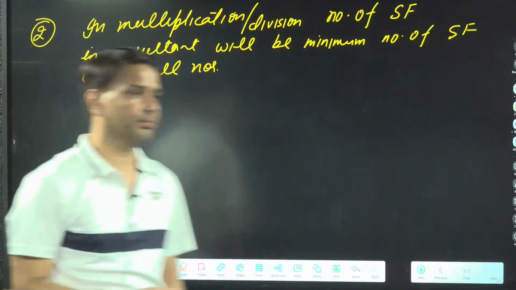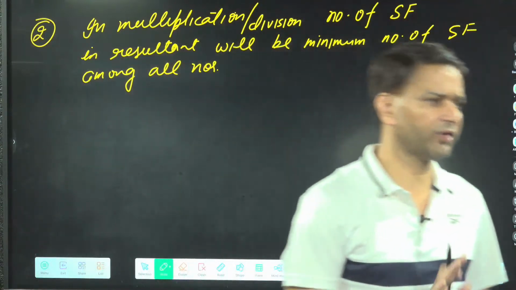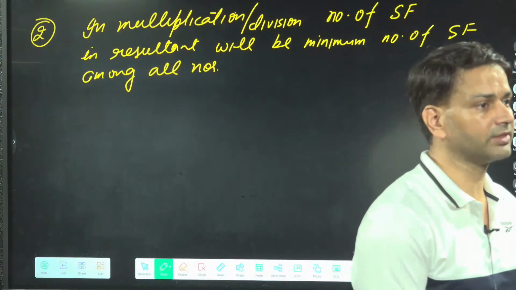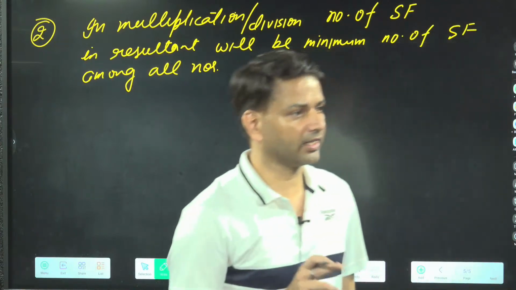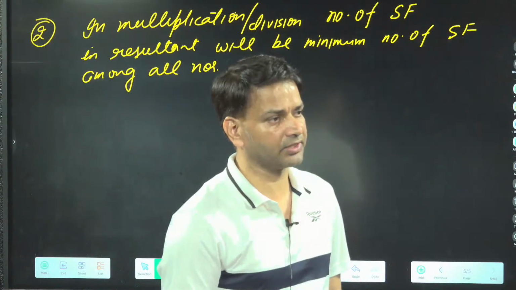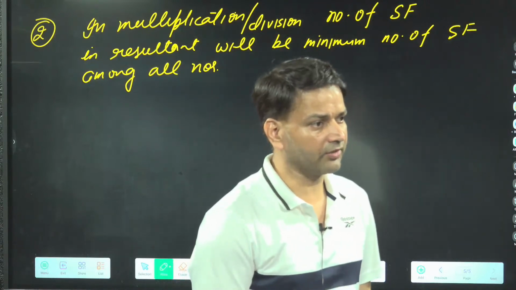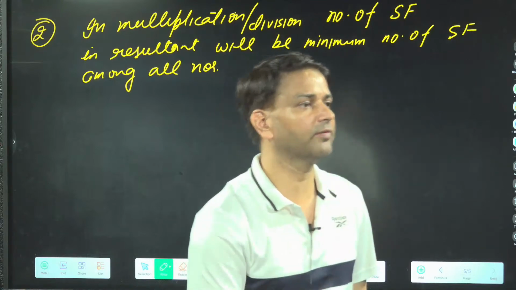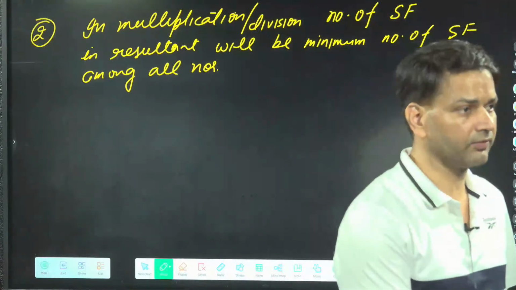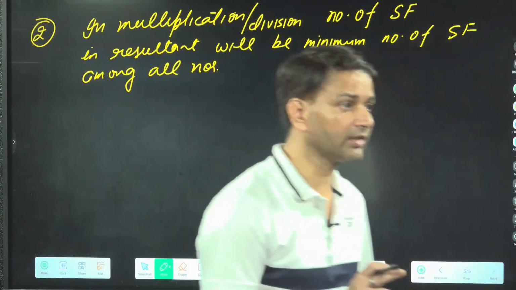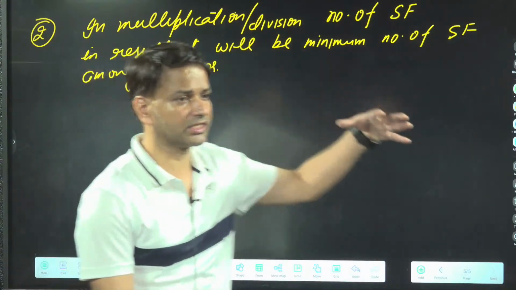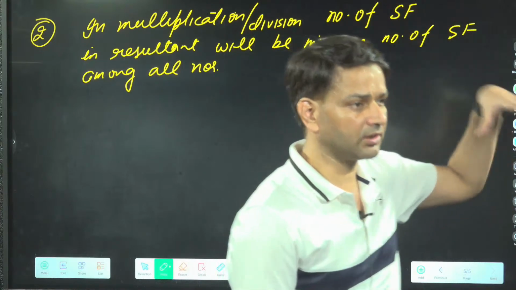Okay, so in division and multiplication, we will not see the decimal place. In multiplication and division, we will see the overall significant figures. And in the resultant, like the product or the division, the number of significant figures will be equal to the minimum number of significant figures among all the given numbers. We have to take the minimum. Like one number is given with 4 significant figures, one number has 3 significant figures.